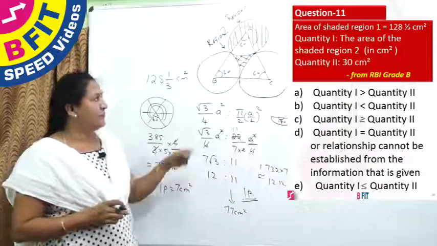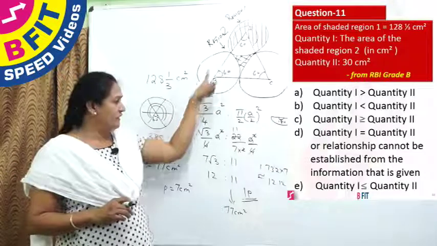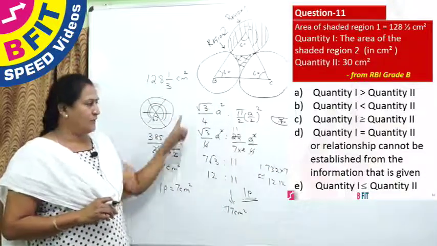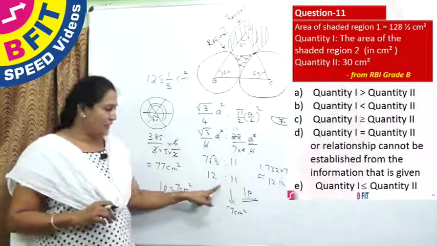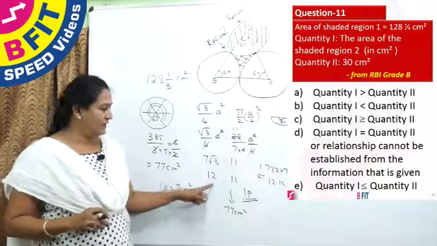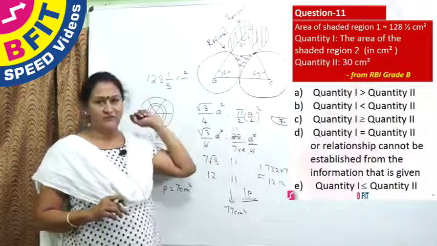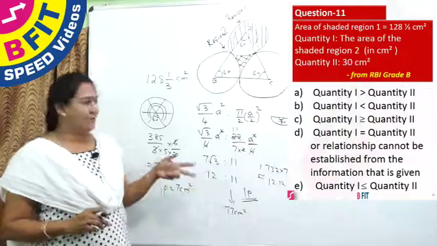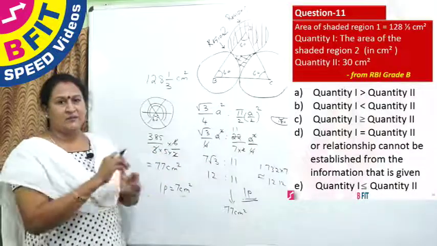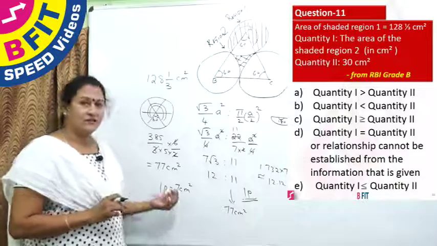We are asked to compare this region 2, whose value we have calculated by comparing the area ratio, which is 12:11, and the in-between area, the difference in parts, is 1 part. The 1 part is calculated with the given data as 7 centimeter square, and that is our quantity 1.